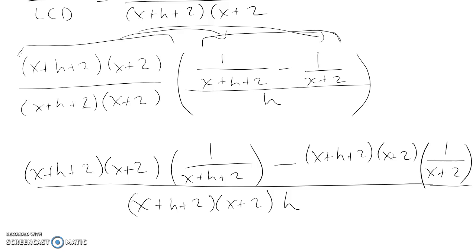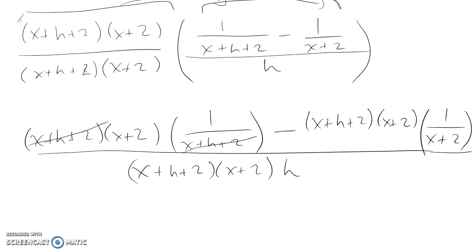In the numerator, in this first term, when I multiply x plus h plus 2 times x plus 2 here, the x plus h plus 2 on the top and the x plus h plus 2 on the bottom cancel. Remember, we could make this a fraction over 1 and a fraction over 1. So I'm just multiplying numerators and denominators.